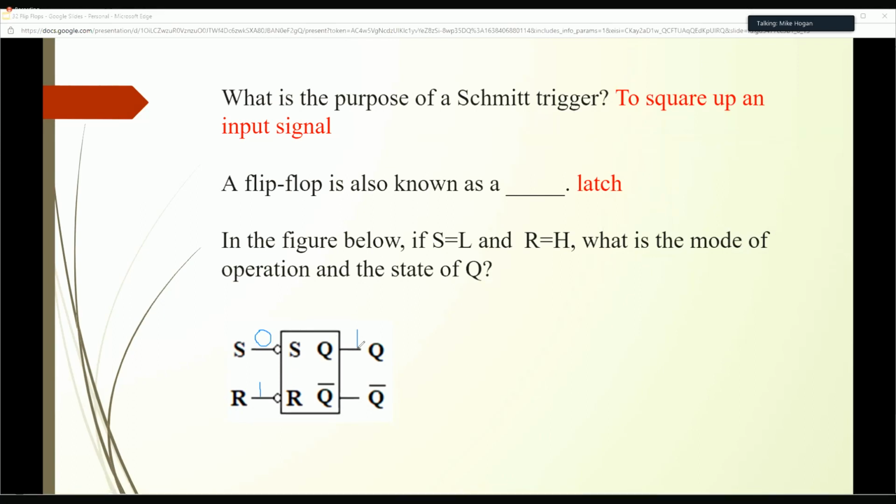Set is always going to be a 1 on Q. Reset is going to be a 0 on Q. So in this situation, what's Q not? It's got to be a 0, right? Q naught is just the opposite of Q, and so that means that it's a 0. Yep. So there we go.